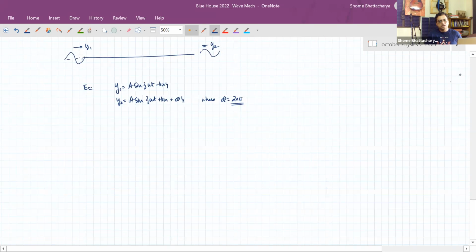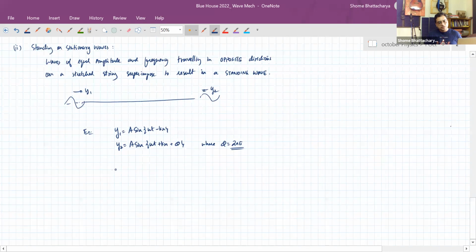So that being the case, what we had seen is that the superposition of these two results in this kind of a term like this.